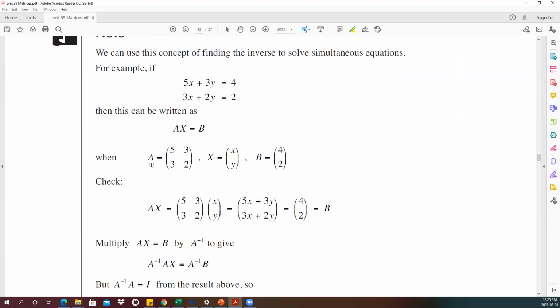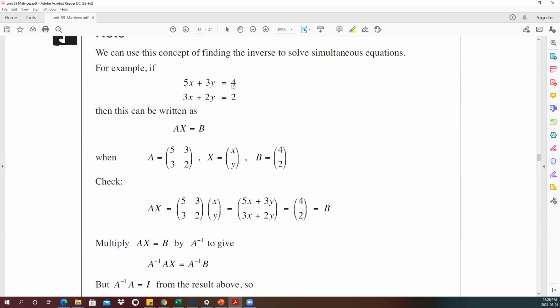So what's in A is really just what they call the coefficients of the variables. It just means the numbers that multiply the variables. So you put all the numbers in one matrix, 5, 3, 3, 2. You put the variables in another matrix. This is a column matrix, x y, because it's two variables, x and y.